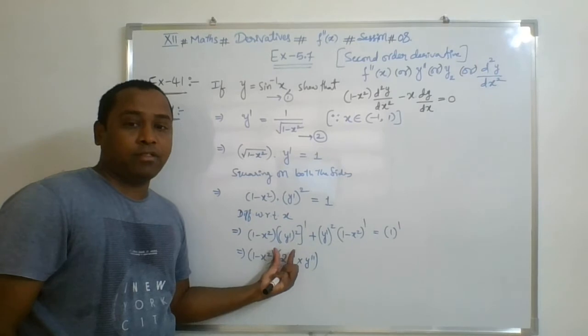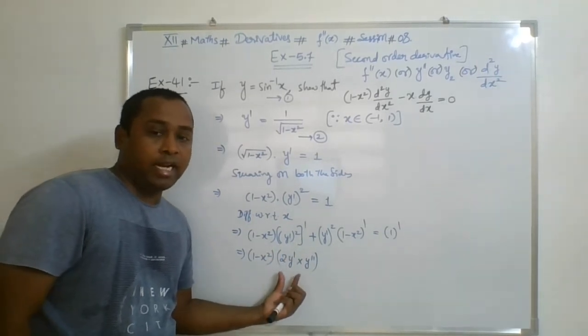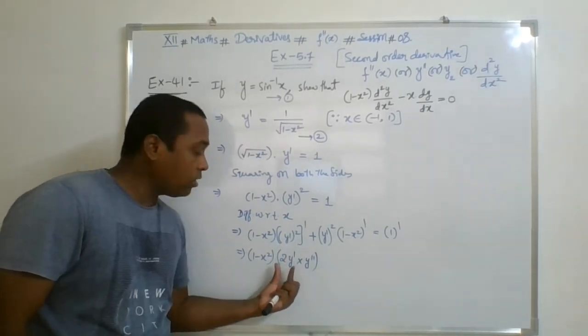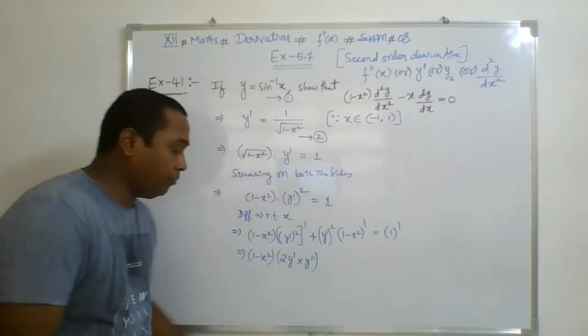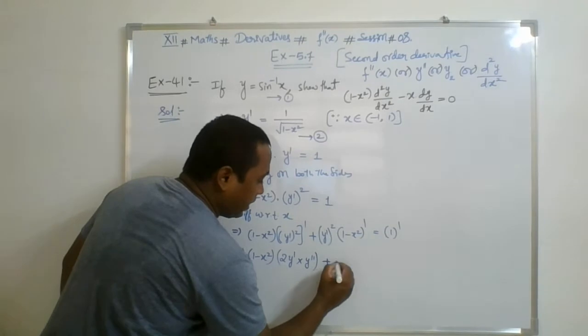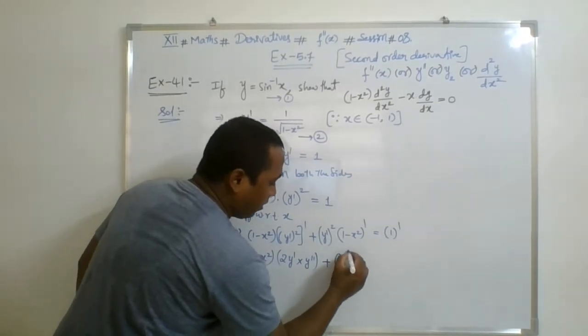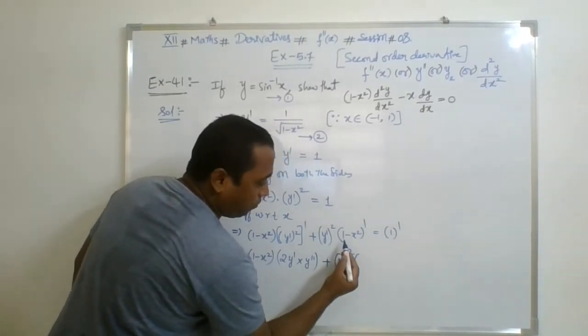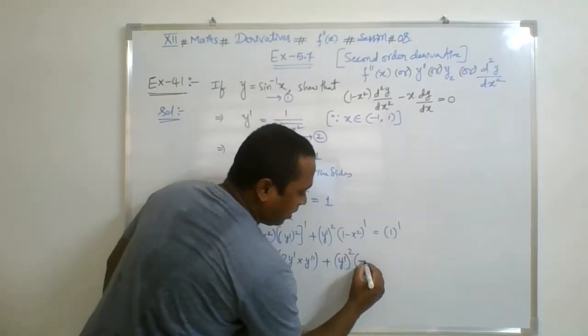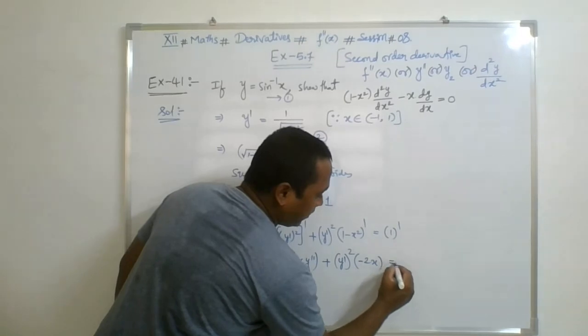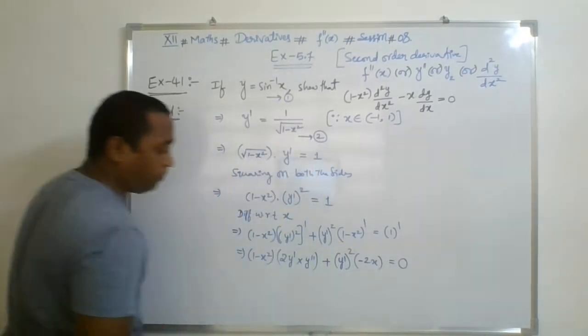So the derivative of x square is 2x, and we are following the chain rule over here. Remember, then y dash square into the derivative of 1 is 0 and the derivative of x square is 2x, hence it reduces to minus 2x, and the derivative of 1 is 0.